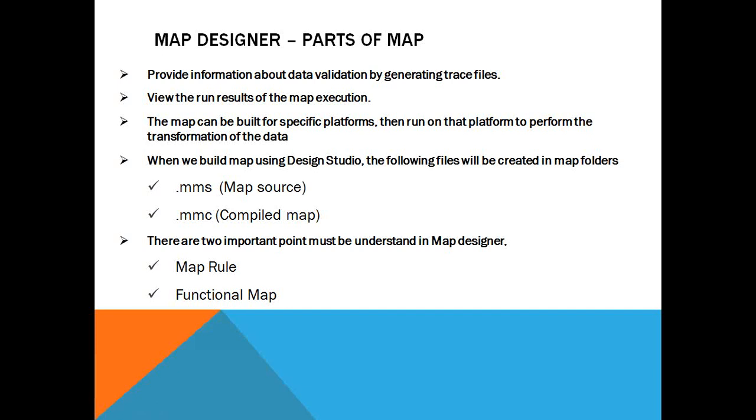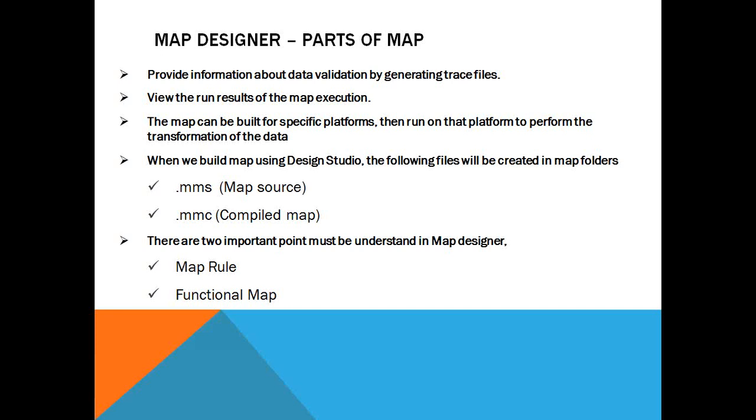If you build it for Linux, it will be .LNX. Like that, it will create different extensions. By default, .MMC is for Windows. So when you move to an AIX server or Linux server, you just rename the .LNX file to .MMC.